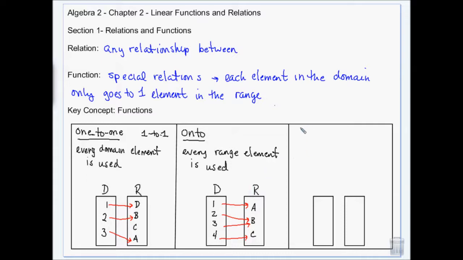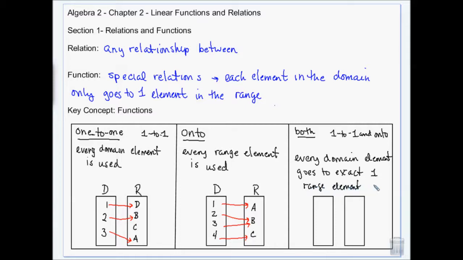And then when you have both, it's one-to-one and onto. So that happens when every domain element goes to exactly one range element and all are used.